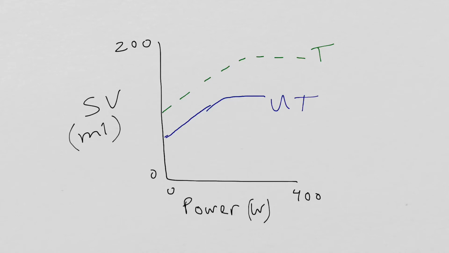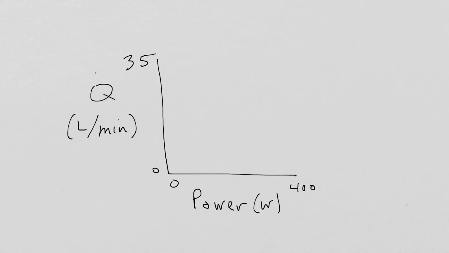So now we've done heart rate and stroke volume, so let's take a look at cardiac output. And so here we have on the y-axis cardiac output, or Q, liters per minute, 0 to 35, and then the same power output on the x-axis. The untrained person, we know, resting cardiac output is going to be about 5, and maybe gets up to about 20 at max.